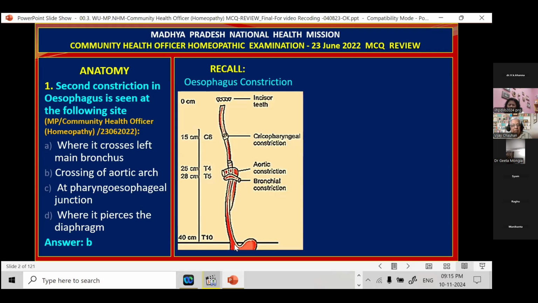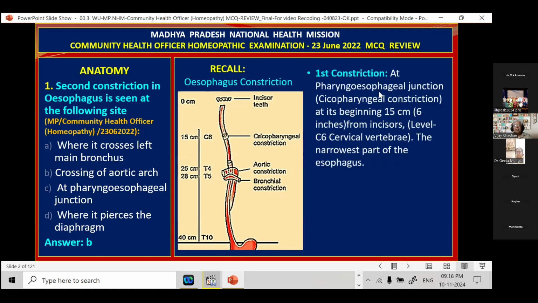And the last one is at the diaphragm, where the esophagus pierces and goes into the fundus of the abdomen. This level is 40 centimeters. Bronchial constriction is 27 or 28 centimeters, aortic constriction is 24 to 25 centimeters, and cricopharyngeal constriction is 15 centimeters.